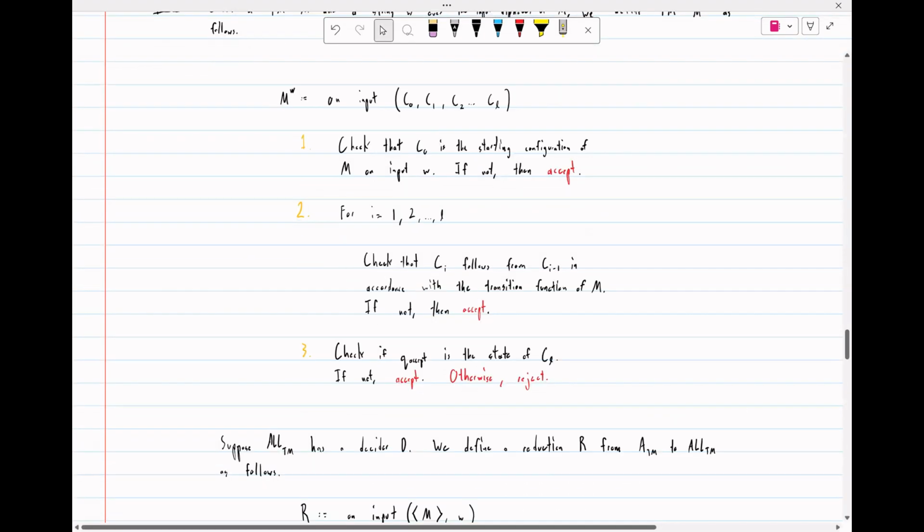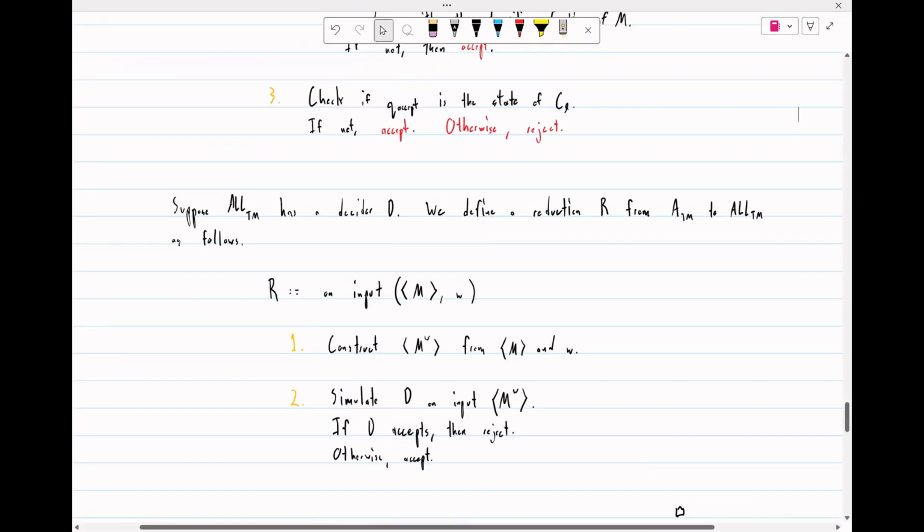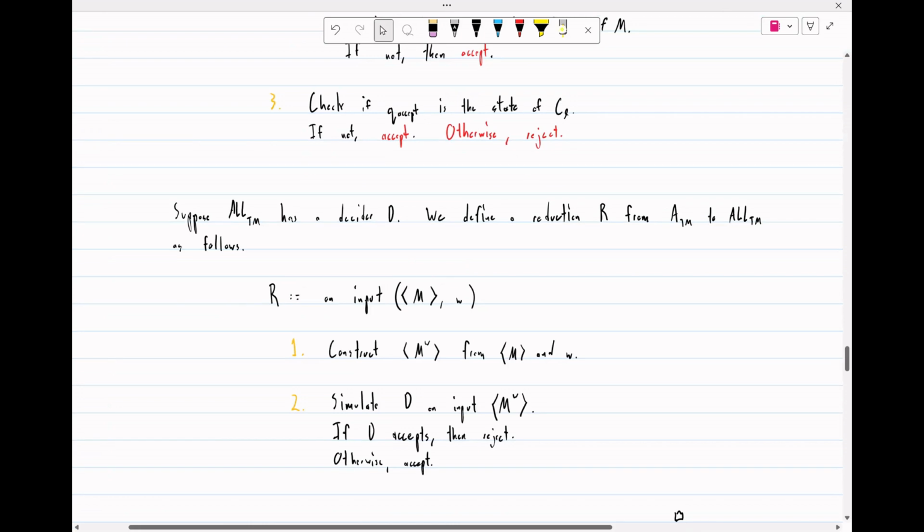Now, same thing as before. We suppose all TM had a decider D, and we're going to define this reduction R from ATM to all TM as follows. We construct this description, same as before, from the ATM instance that you give me, and I simulate my decider D on input MW. Now what this does is it tests if MW accepts every string.